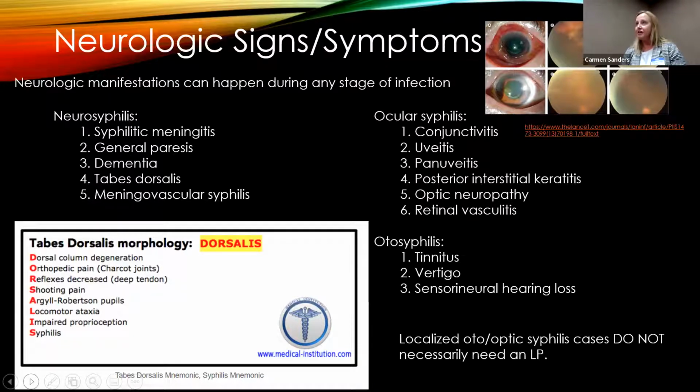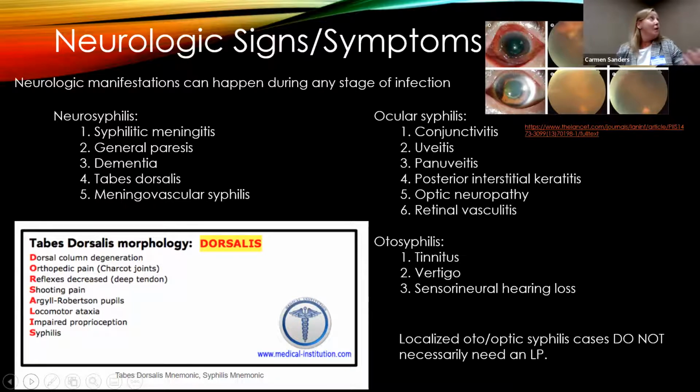Otosyphilis or syphilis of the ear, and let me just say that it's not syphilis that settles in your ear. It's just the eye and the ear manifestations of a syphilis infection. So let me get that straight. I didn't want to be misunderstood. So the ear manifestations, the oto manifestations of syphilis may be tinnitus or vertigo or sensorineural hearing loss. I cannot speak today. The more I talk, the less I'm able to, I think.